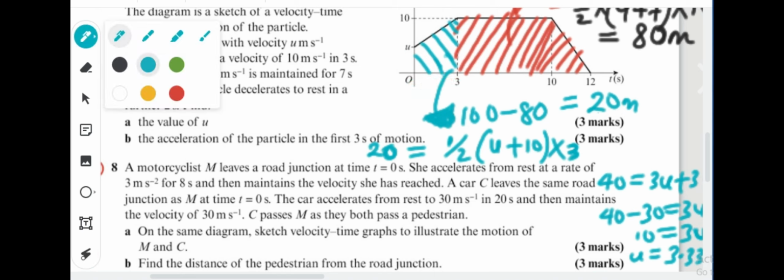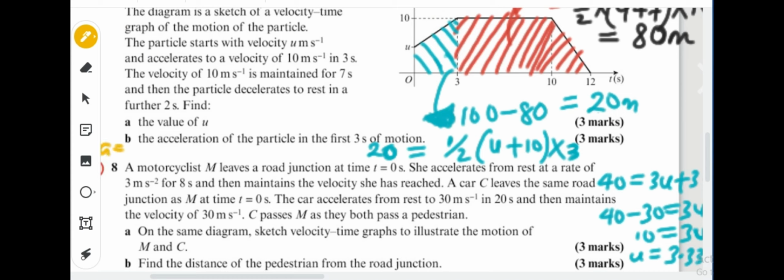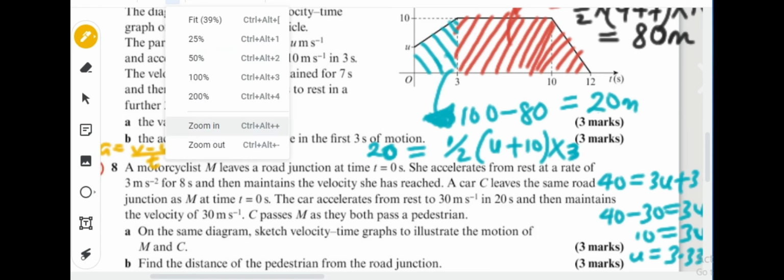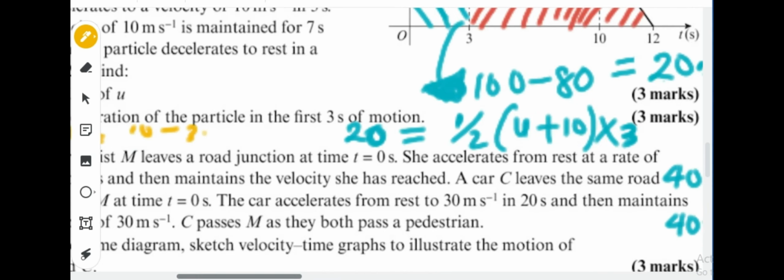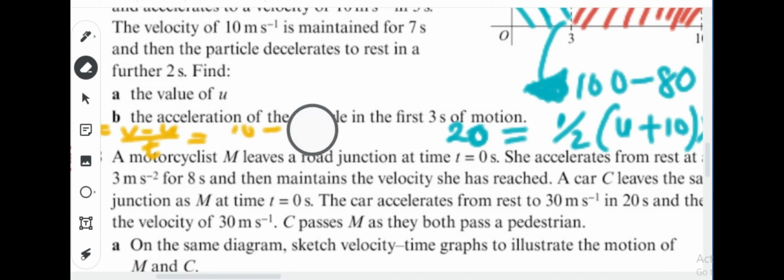So this acceleration will now be a is equal to v minus u over t, which is equal to 10 minus 3.33 over 3, which is the time.